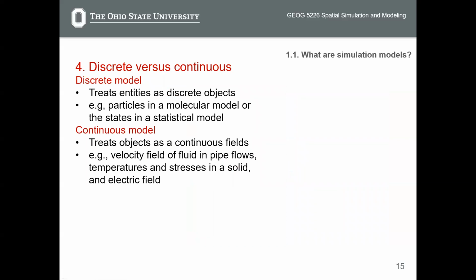So there are also discrete versus continuous models. In a discrete model, it treats entities as discrete objects. For example, you are a doctor and you have a patient, and you need to measure the body temperature of this patient every 30 minutes, right?